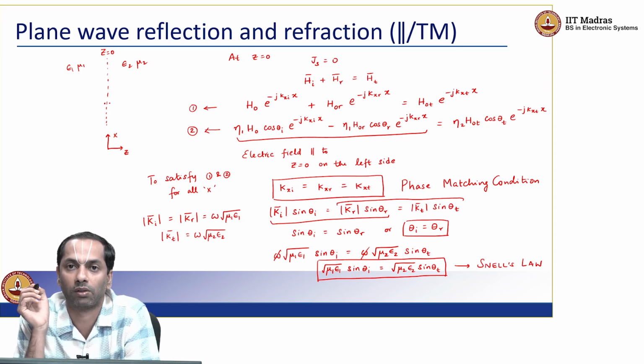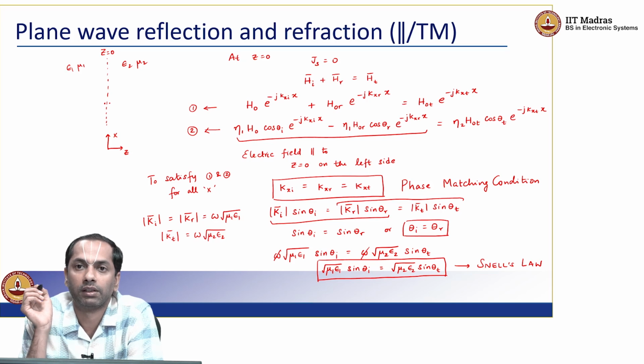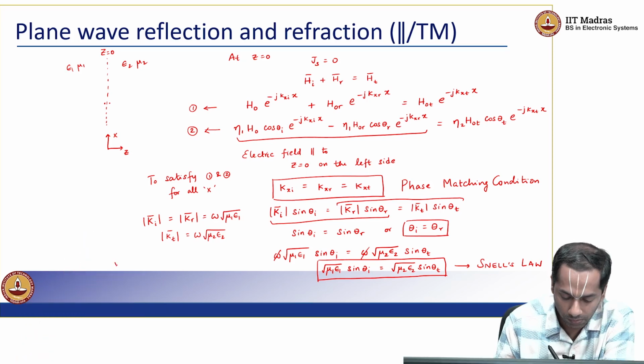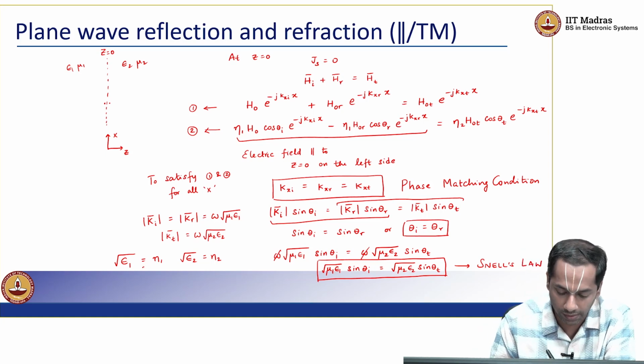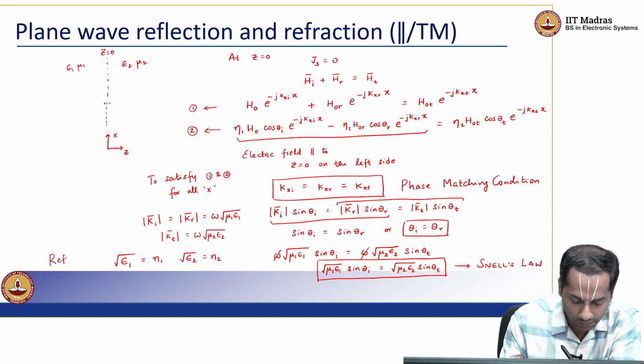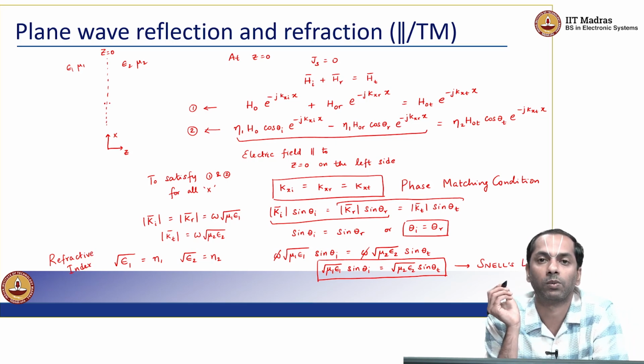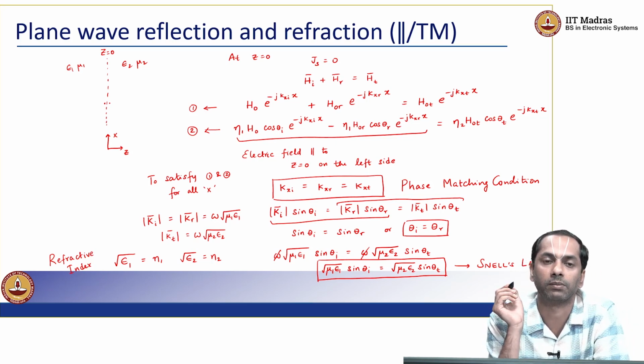So, of course, if you are looking at a non-magnetic medium and say mu 1 is equal to mu 2 is equal to mu naught, so the mu's cancel off, and if you define the refractive index as the square root of epsilon, so the n here is the refractive index, and I am defining that as the square root of the permittivity of the medium.